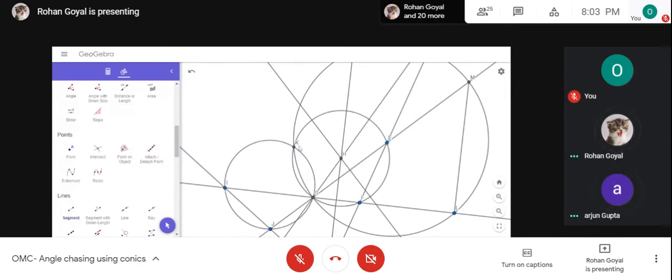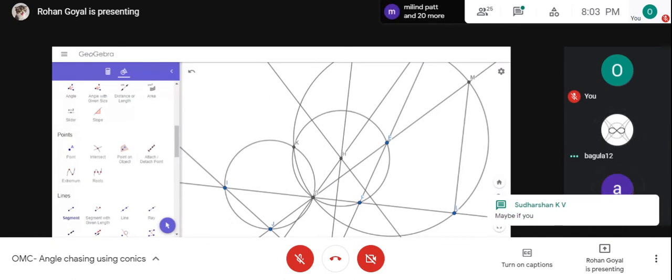So KF by KE is a fixed ratio, and that simply says that KN by KM is also the same as KF by KE. But this ratio might be the same for a different case. No, this ratio is just true for the one K because that's the spiral similarity center. K is unique, so that cannot be true for any other case.